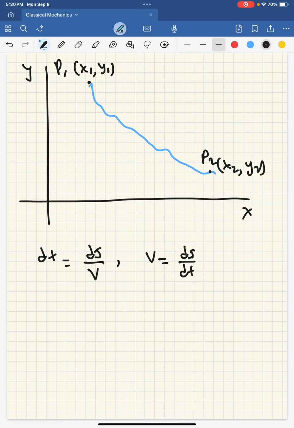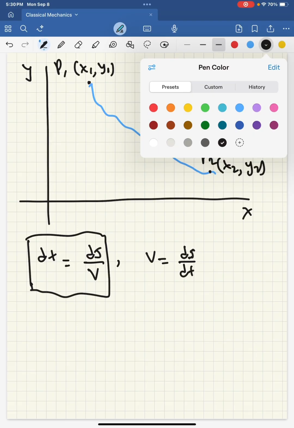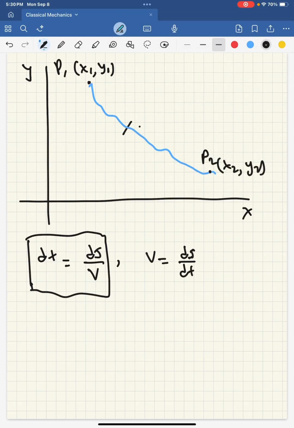This is the first step. What is this ds? It's an infinitesimal piece of this path, and the path is the blue line. Because it's infinitesimal, we can think about it as a straight line.